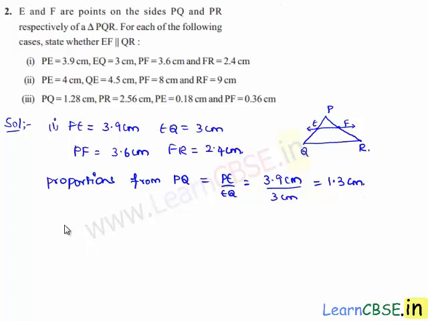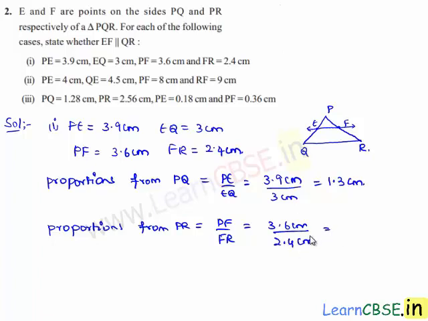And let us also find the proportions from side PR, which is equal to PF by FR, which is equal to 3.6 centimeters by 2.4 centimeters.